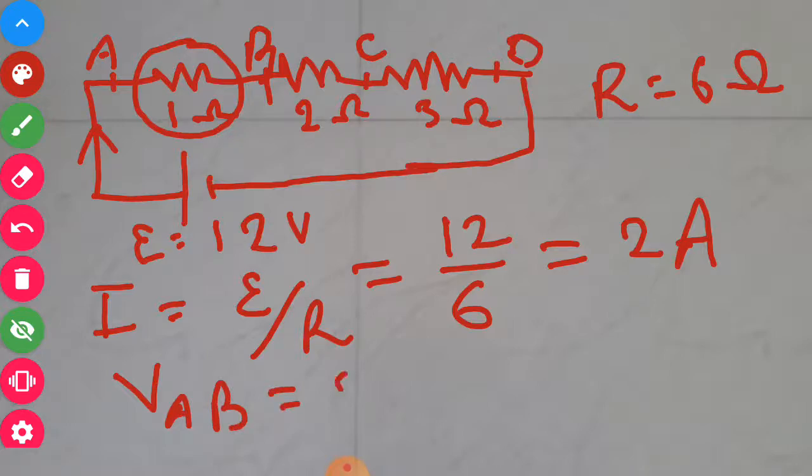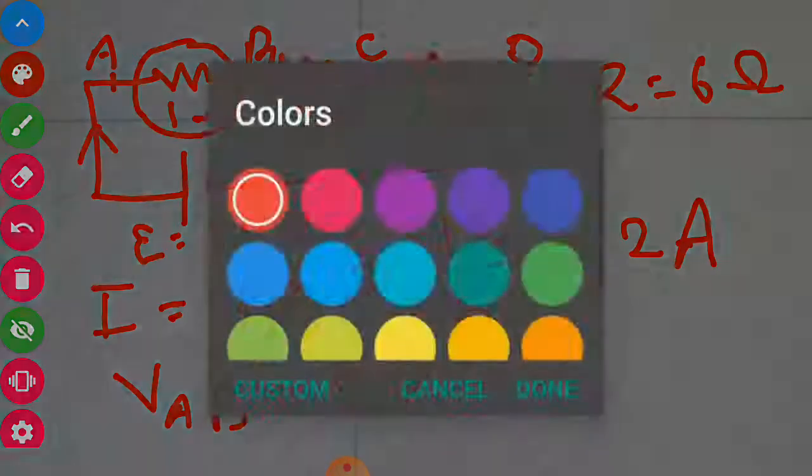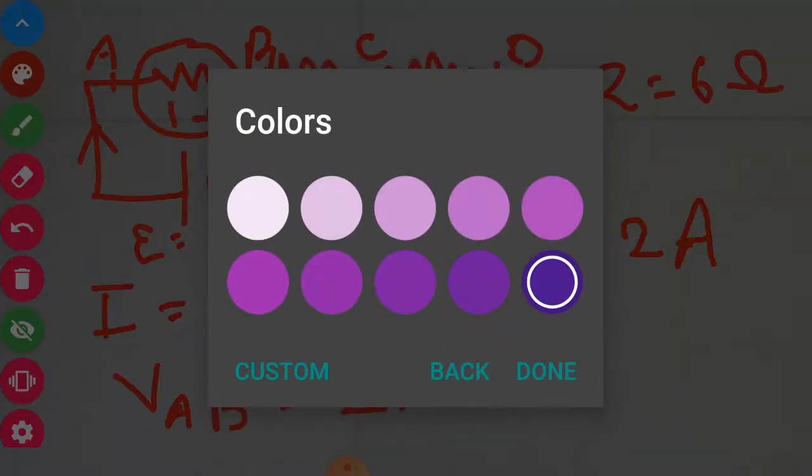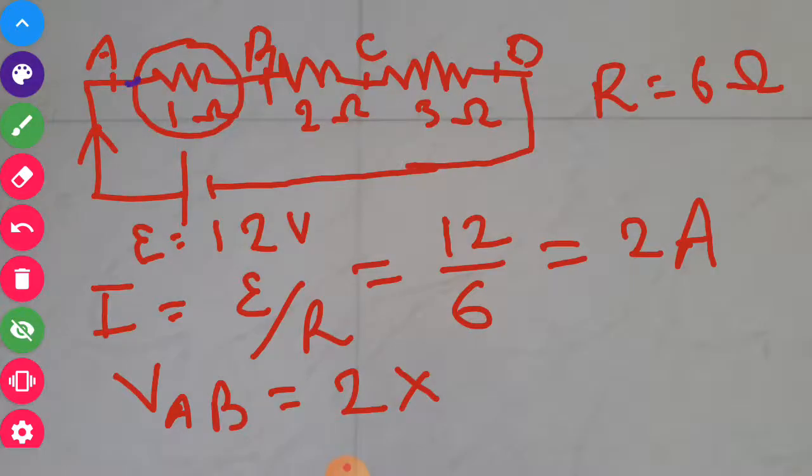So current is 2 ampere and resistance between A and B. Try to understand, resistance between A and B we have to take. Resistance between A and B is how much? 1 ohm. So 1 we have to multiply, because V is equal to I into R. So I is 2 ampere, resistance is 1 ohm.